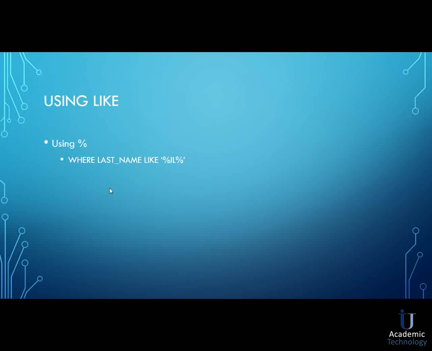But this is where it would be if you are searching for something and you're not quite sure how it's spelled out, but you know it contains certain letters in it. So if you were looking for anyone with a last name that has IL in it, this is how you would go about doing it.